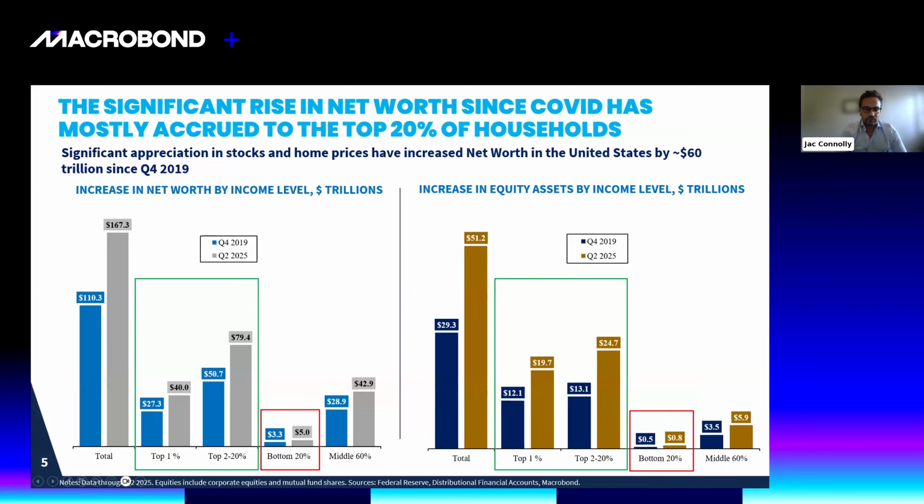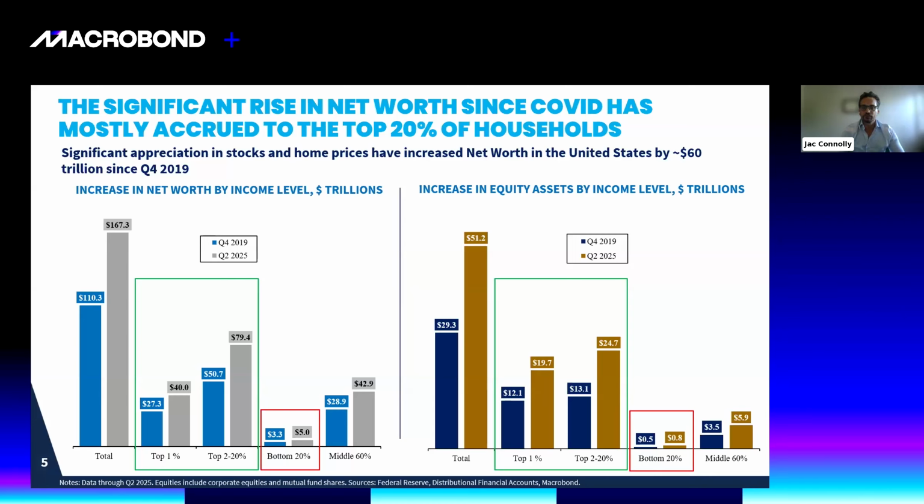And so we just acknowledged that we've seen significant stock market appreciation. We've experienced significant home price appreciation. And this has resulted in net worth increasing by about $60 trillion since the fourth quarter of 2019, just before COVID, right? And when we look at what's really driving that $60 trillion, we can see that equity appreciation is responsible for about 40% of that increase, right?